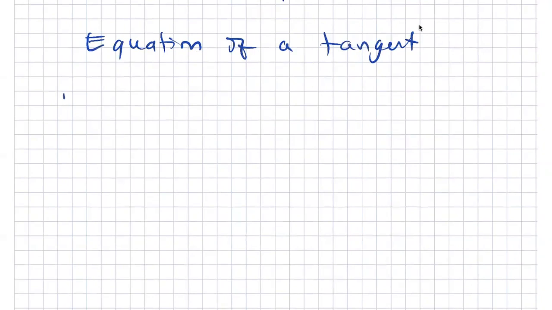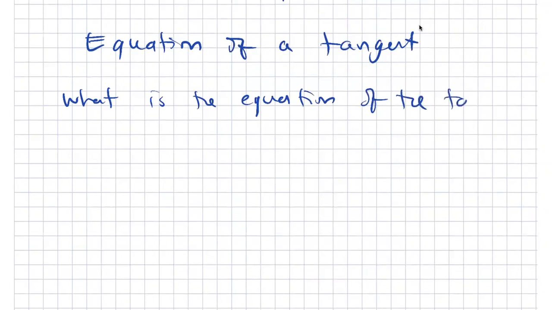Let's say, what is the equation of the tangent to y equals x squared minus 4x at x equals 1. Right, a little bit different because now we're after the equation of the tangent. We're not after the gradient of the tangent, but the equation of the tangent.